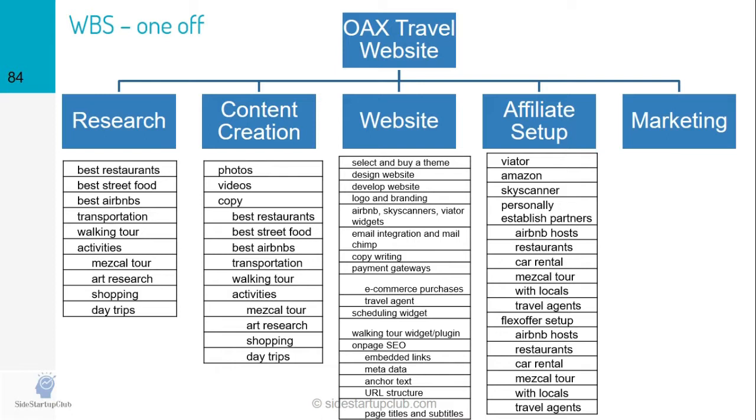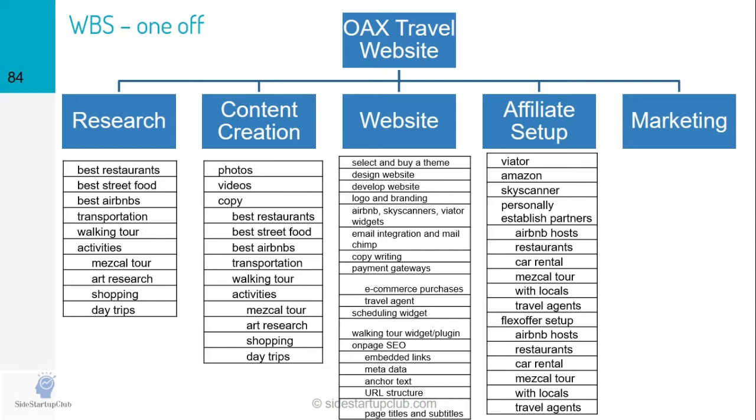These are the partnerships with Airbnb hosts, restaurants, the car rental place, the Mescal tour, the With Locals model, and my partnership with my travel agent. Each one of those partnerships is going to take several hours to establish, and some of them have several suppliers, such as the Airbnb and the restaurants. So that could be quite a bit of work, but also a lot of this might happen naturally just from going out and networking and socializing.